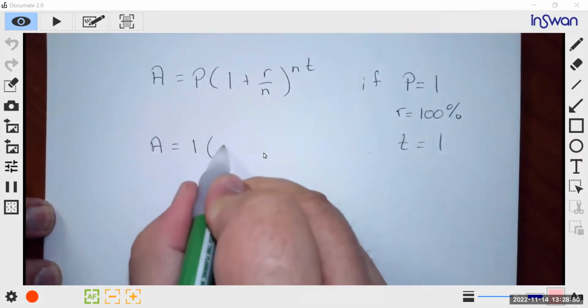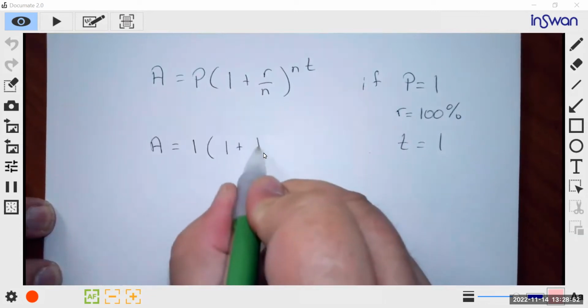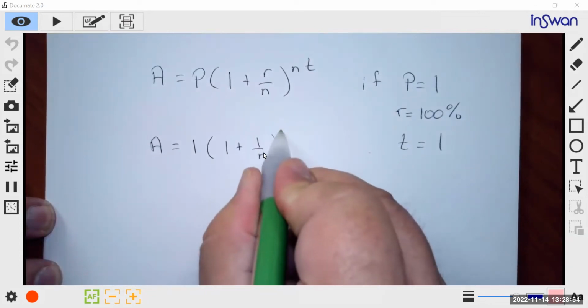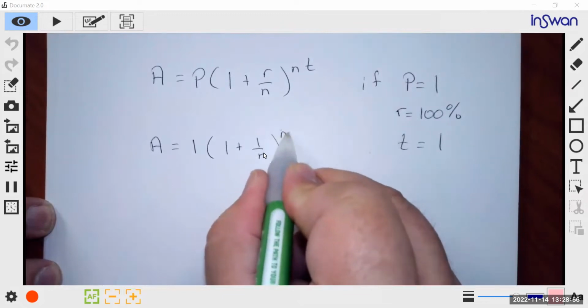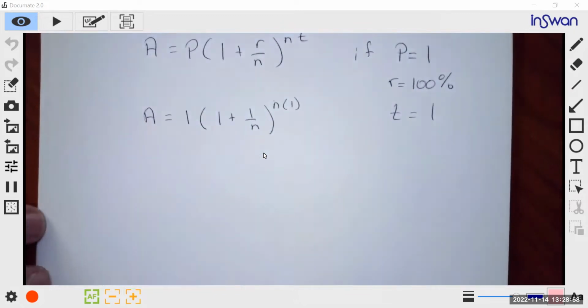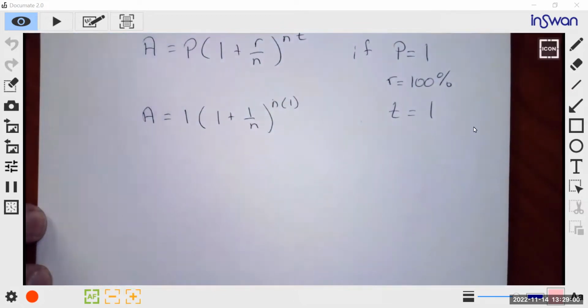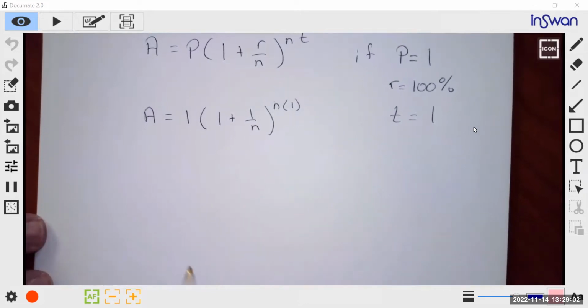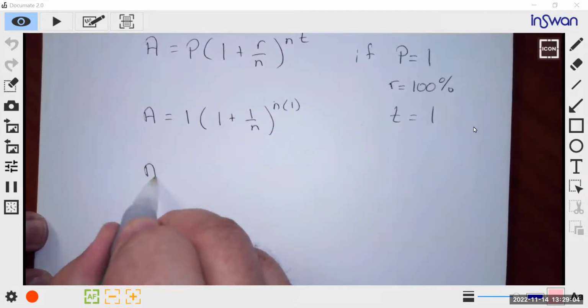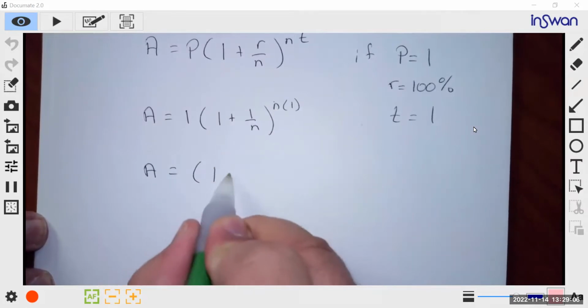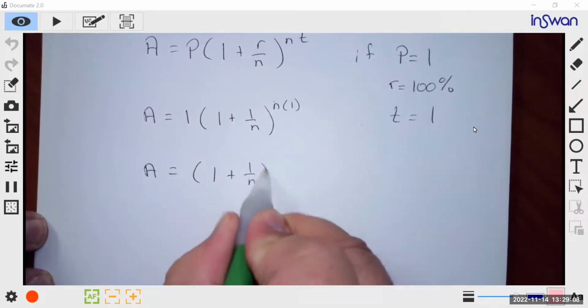We had 1 plus 1 over n, times 1. So what this becomes is just 1 plus 1 over n to the power n.